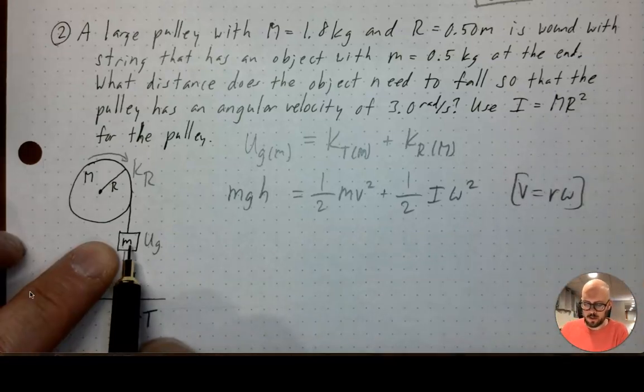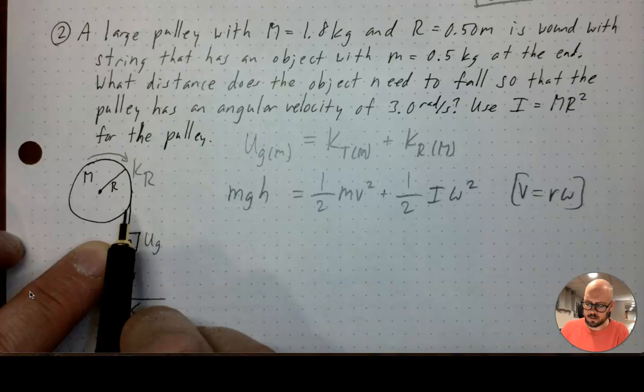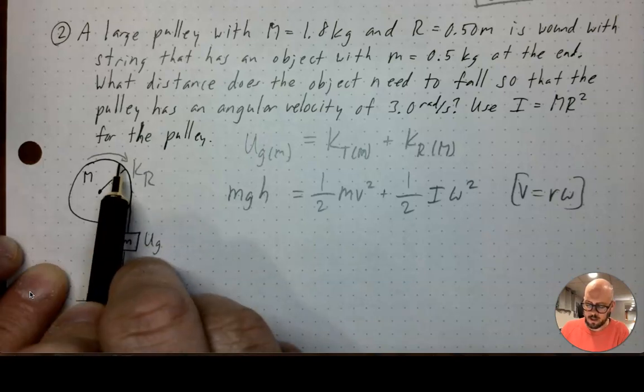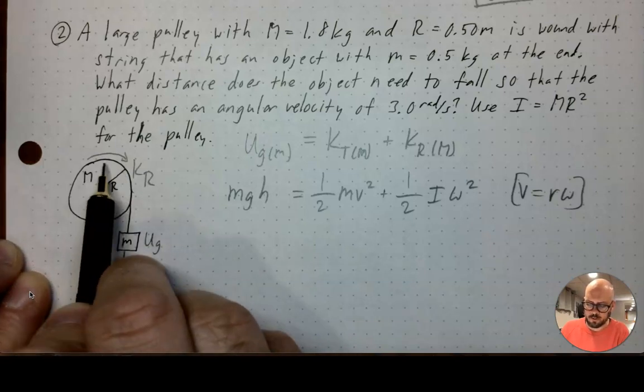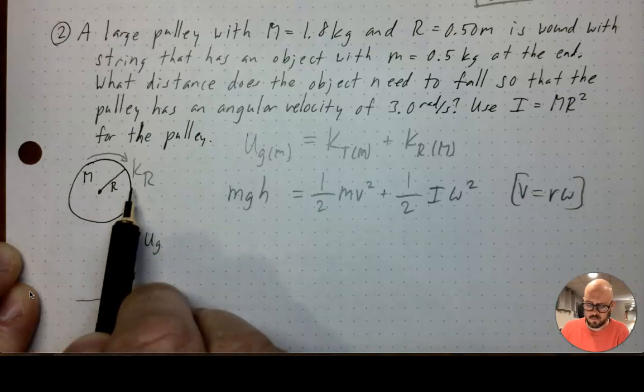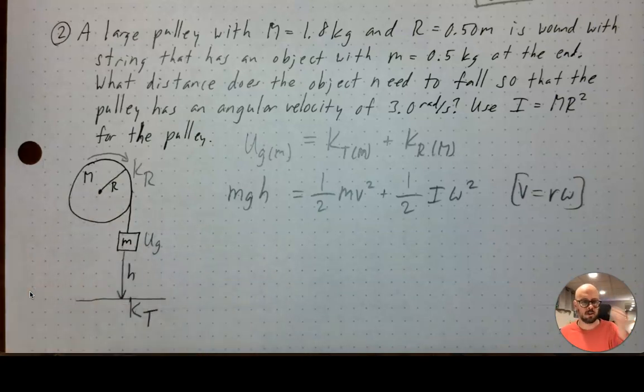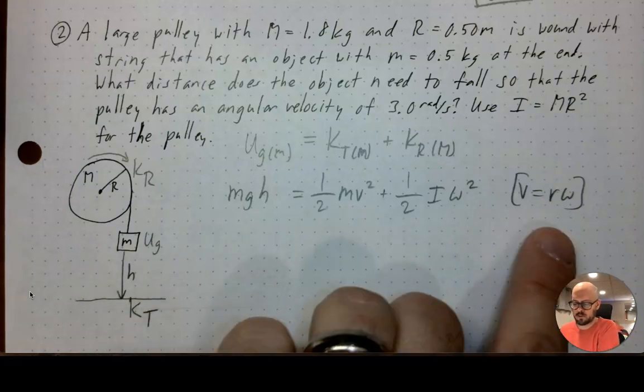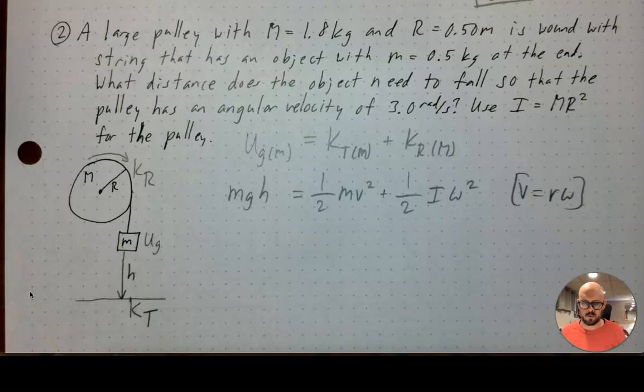Whatever the velocity of the falling mass is, that's the velocity of the string, and by extension, that is also the linear or tangential velocity of the points on the outside of the pulley. So if I convert my linear velocity to angular velocity, I now have an equation that I can solve for one variable.